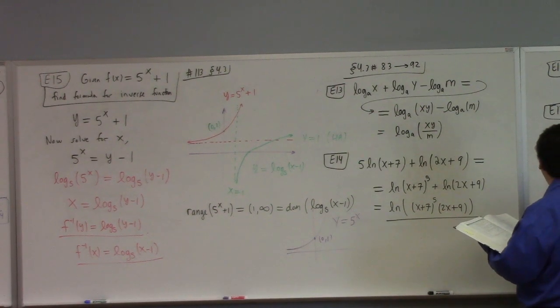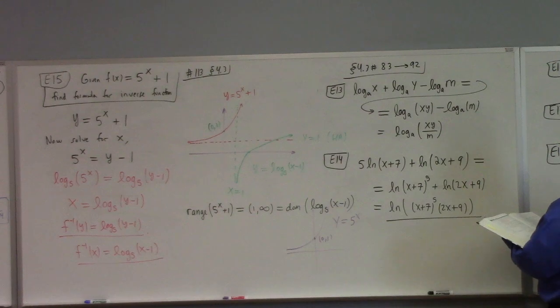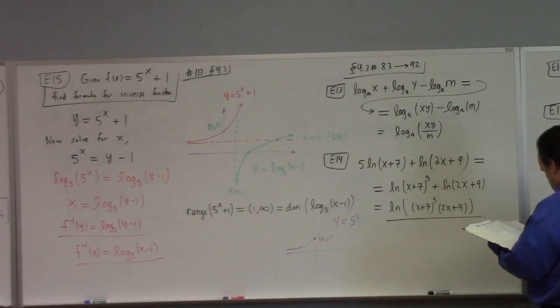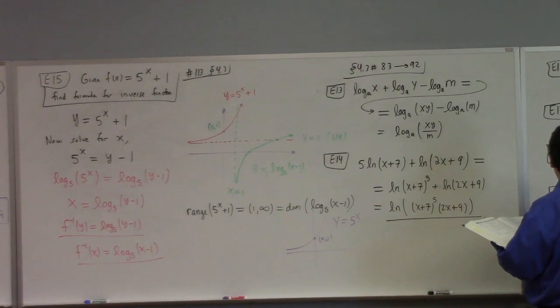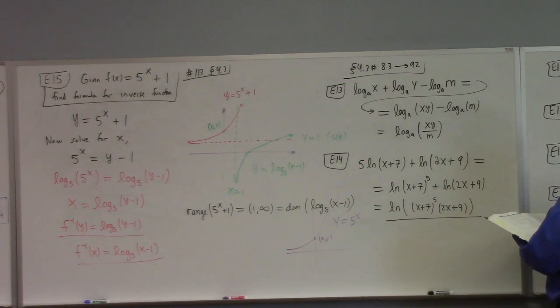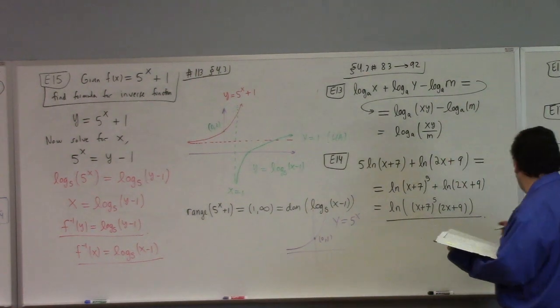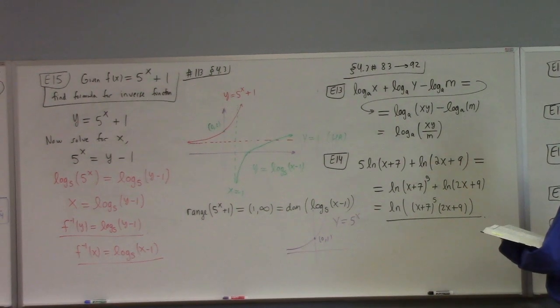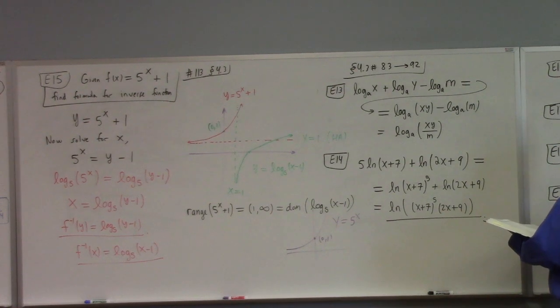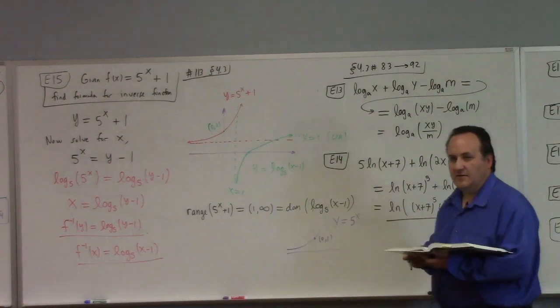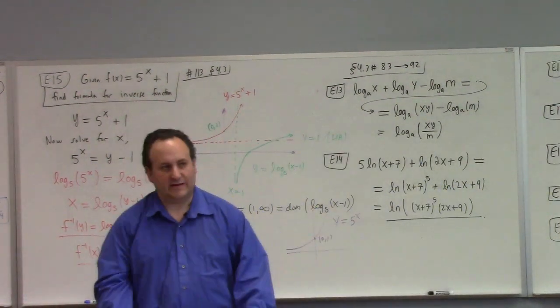Example 18, we're asked what's the natural log of 84 over 17. And then example 19, we've got the natural log of 84 minus the natural log of 17. Example 20, we've got the natural log of the cube root of e. Some of these I need a calculator for, some of them I do not. Which ones do I not need a calculator for?